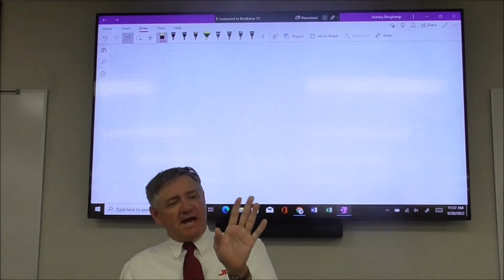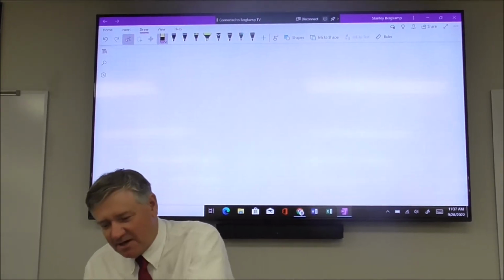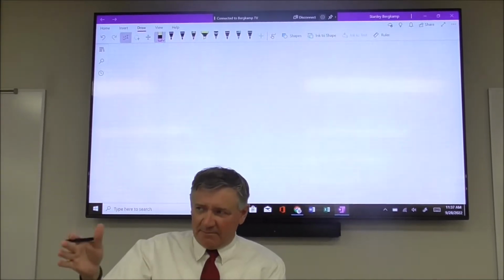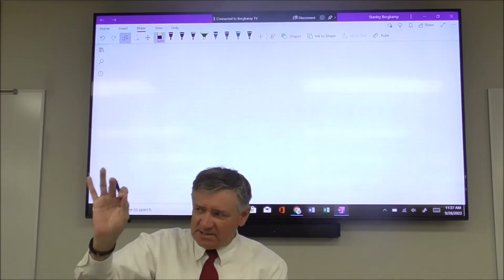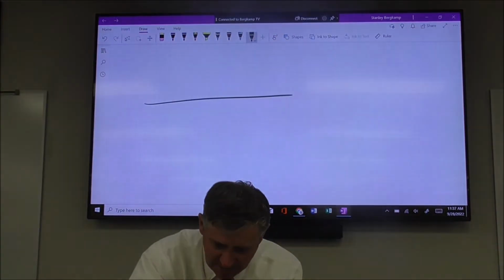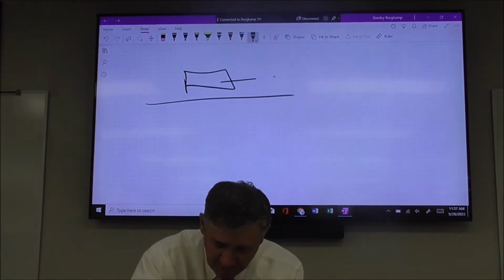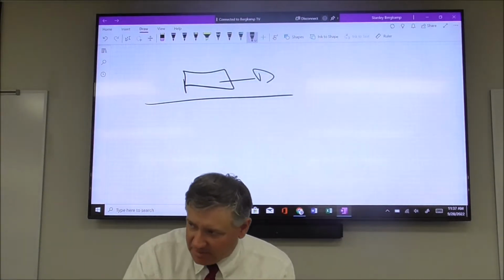So here's what's going to happen. Well, I'll wait till Dr. Vick gets here and she can hear his explanation. So let's talk about the lab from yesterday, okay? There's three distinct parts to the lab. The first part is that you had a block of wood, and the whole key is that you hold it at a constant velocity.